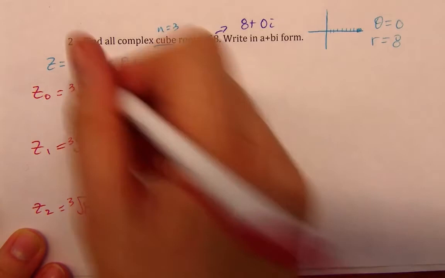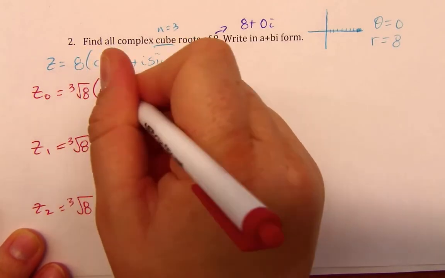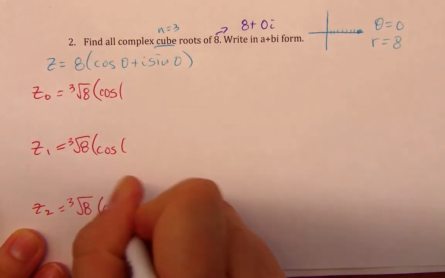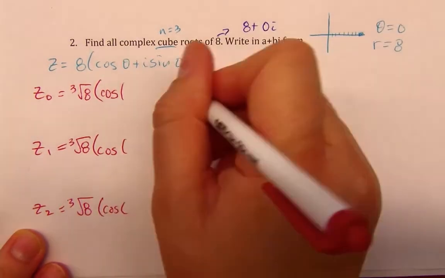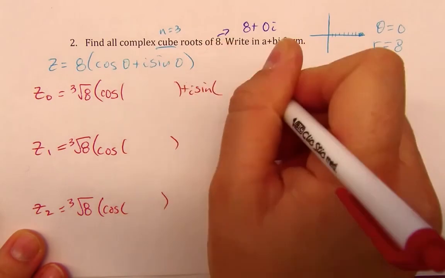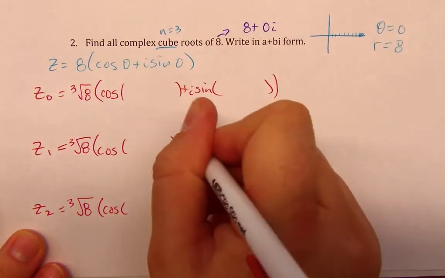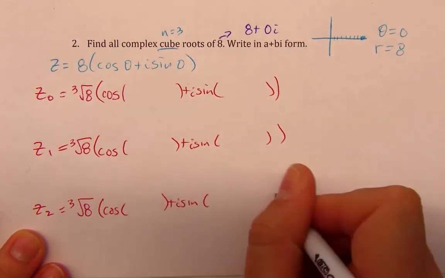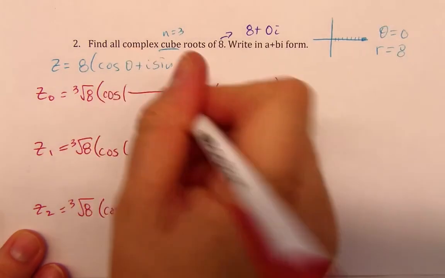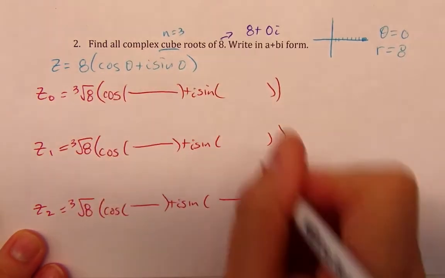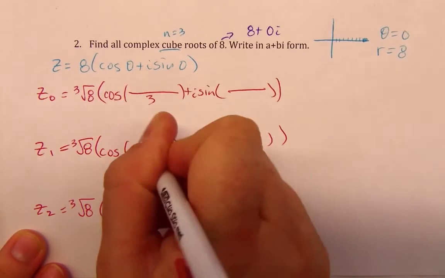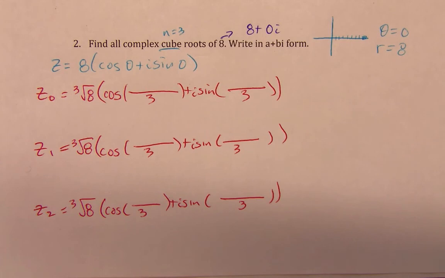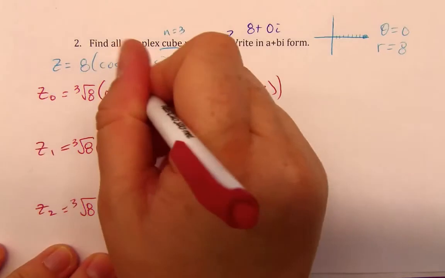Again, I'm going to set them all up. Cosine of, and I'll just put parentheses, and I'm going to set all my fractions up. And we're starting with 0.